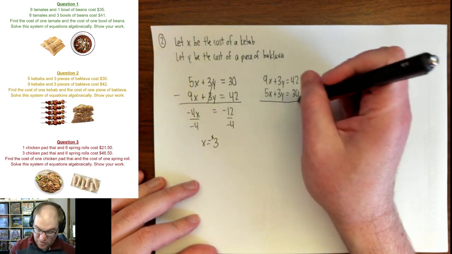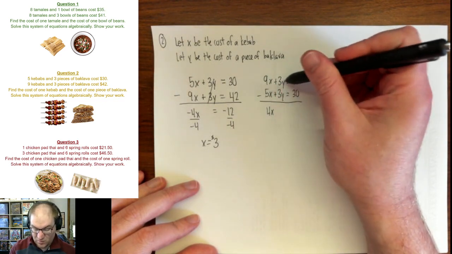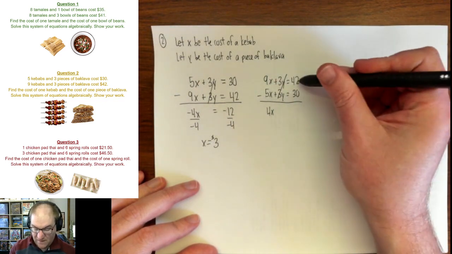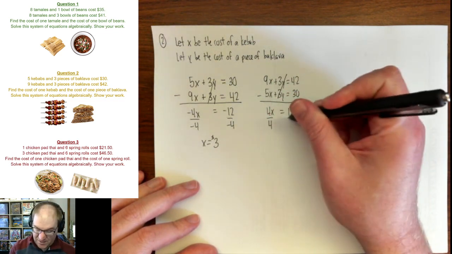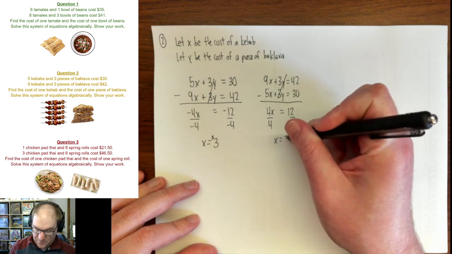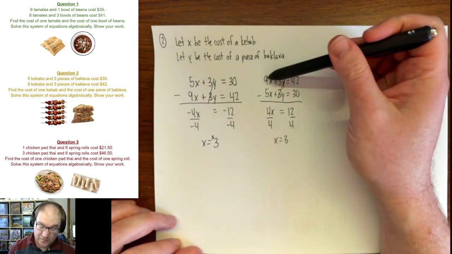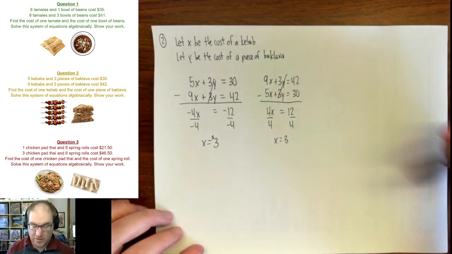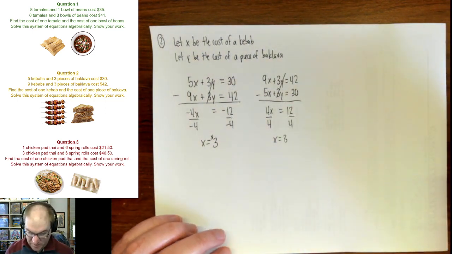When you subtract 9 minus 5, it's a positive 4x. 3y minus 3y cancels. 42 minus 30 is 12. You're going to end up with the same answer. But I know a lot of us don't like negatives, so if you change the order so that the greater values are on top, when you subtract, you'll end up with a positive. So anyway, kebabs cost $3 each.